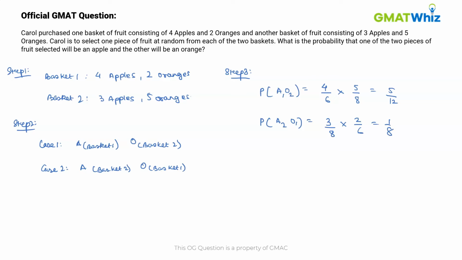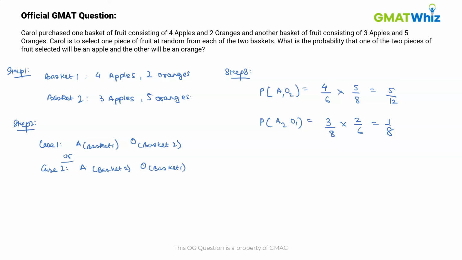To understand whether we have to multiply or add this, let us read the question in this way. Carol can either select an apple from basket 1 and an orange from basket 2, or she can select an apple from basket 2 and an orange from basket 1.